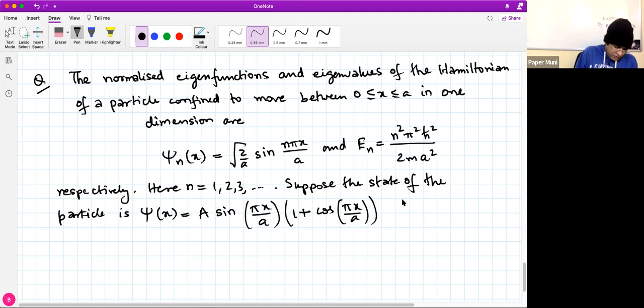This is the state given to you, where A is the normalization constant.